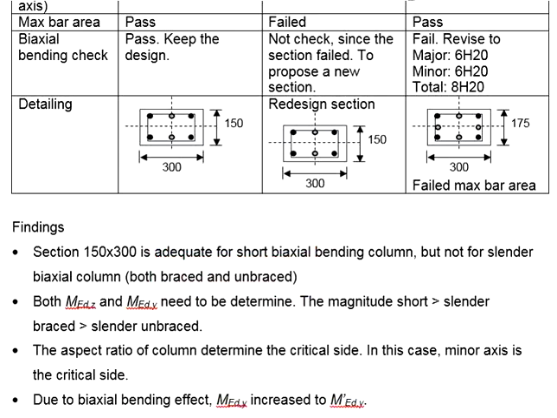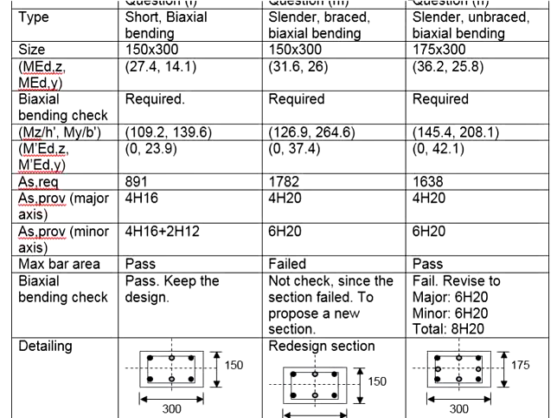This means that designing a short column with the moment acting in both axes will be less critical than designing a slender column.